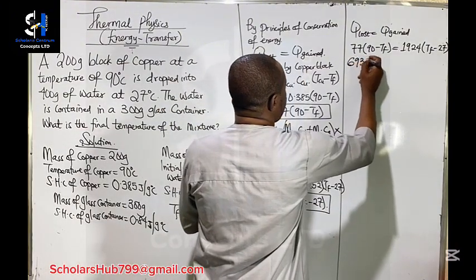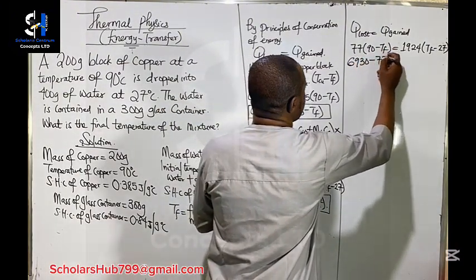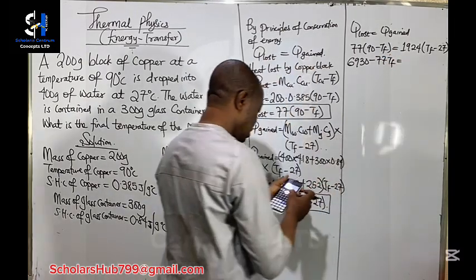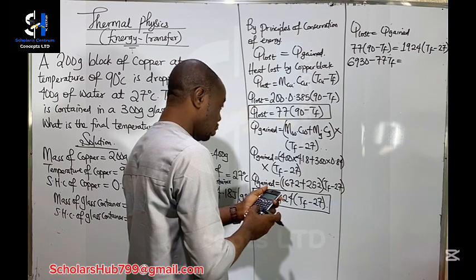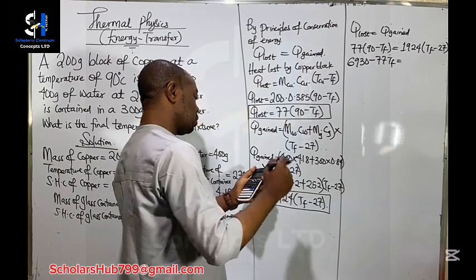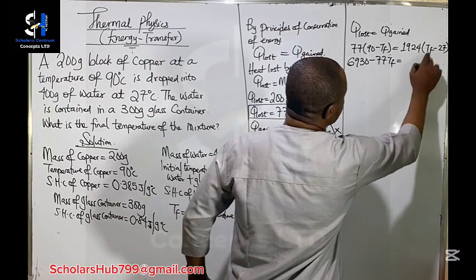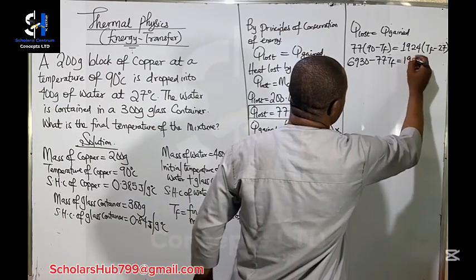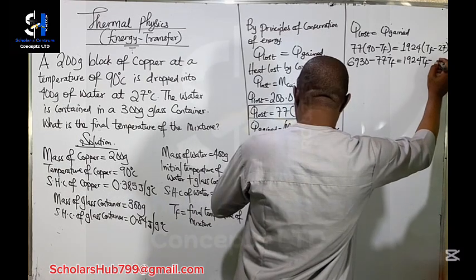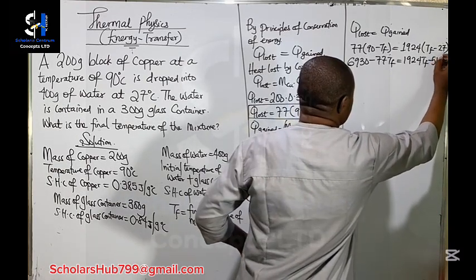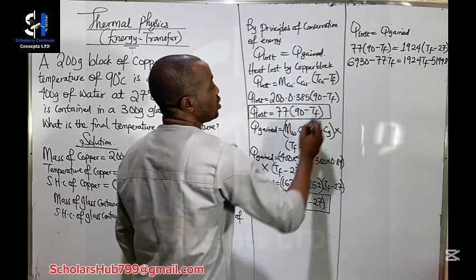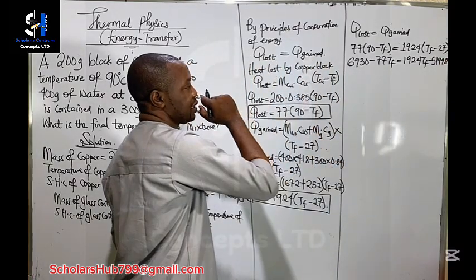Then negative 77 TF. 1924 multiplied by 27 will be 51948. So 1924 times TF, then minus 51948.